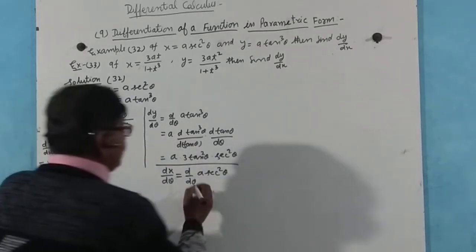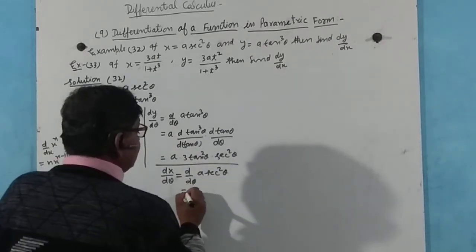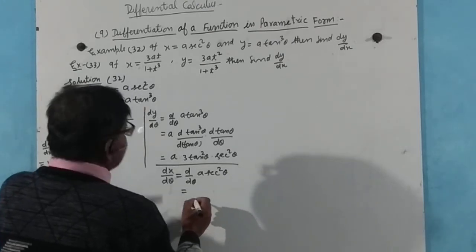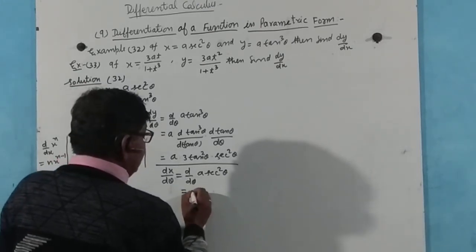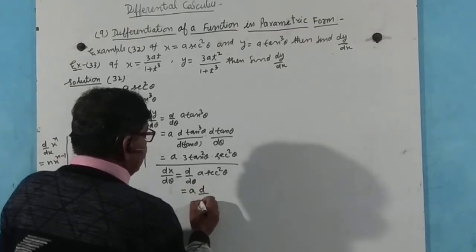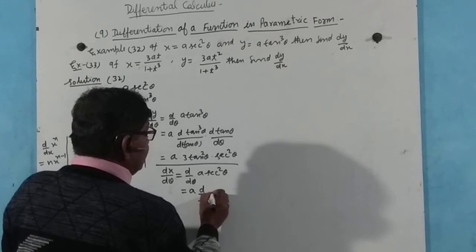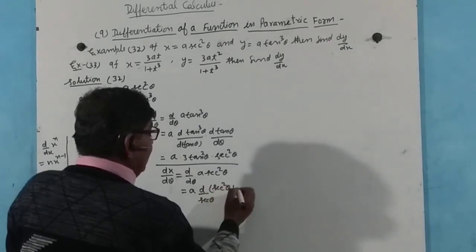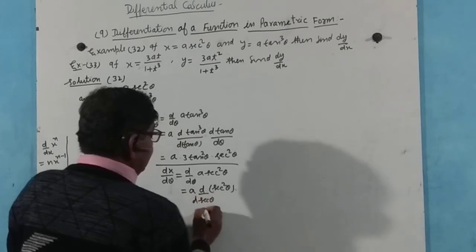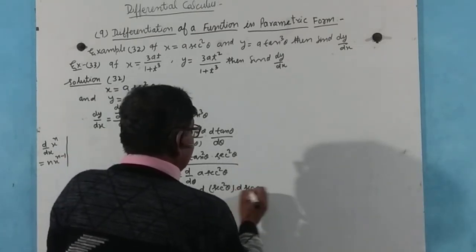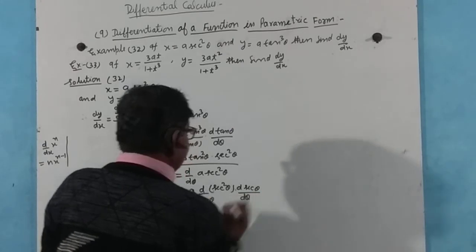This can also be written as a constant, d by d sec theta of sec square theta, and d sec theta by d theta.